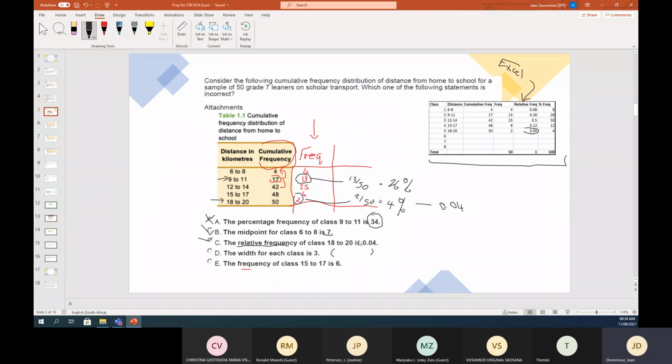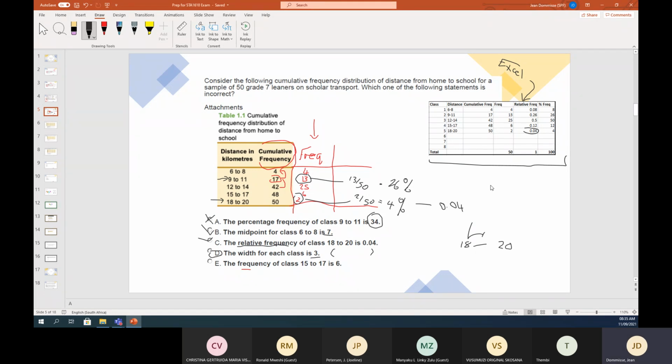But it is actually all values from 18 to 20, so it includes 18 and goes up until 20. So it is actually 3. This is the difficult one, because you always want to say 20 minus 18 is 2, 17 minus 15.